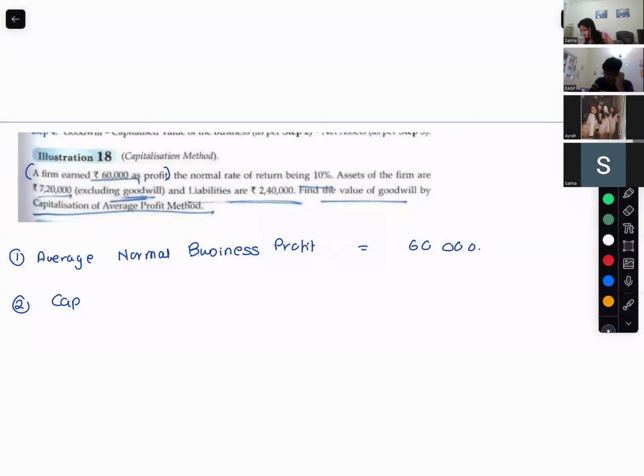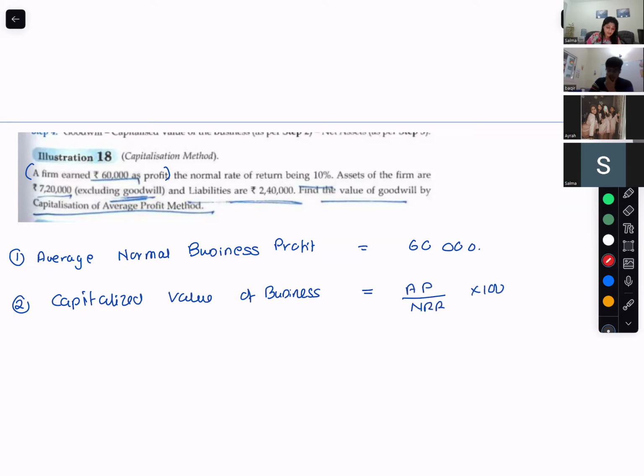How do you find the capitalized value of the business? Average profit divided by NRR into 100.